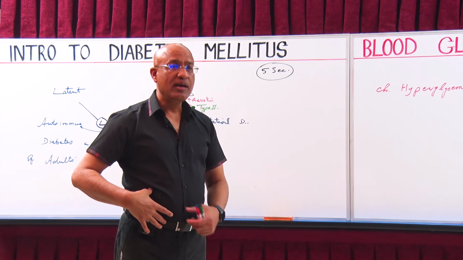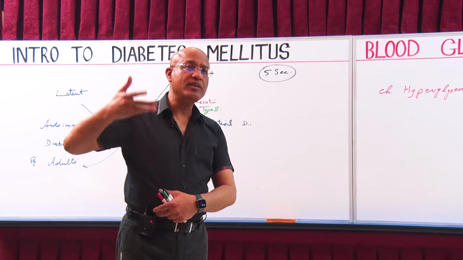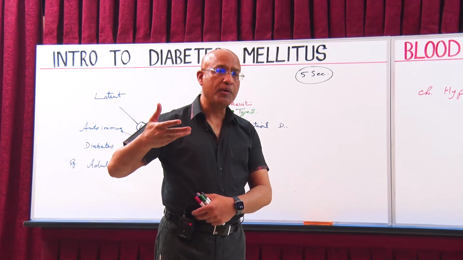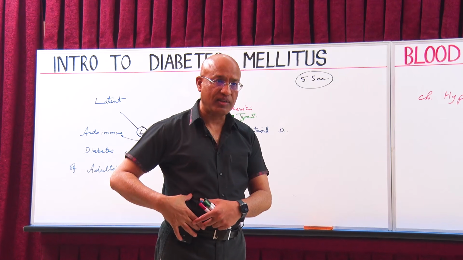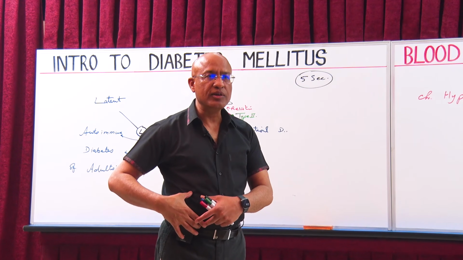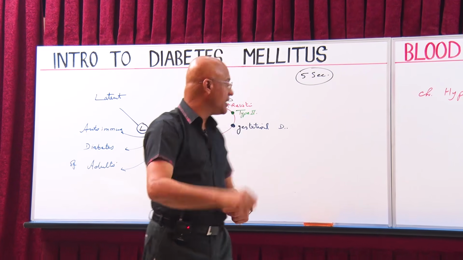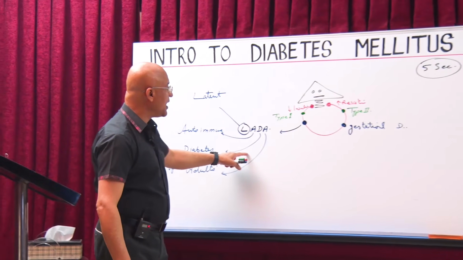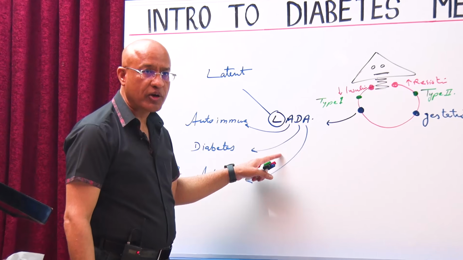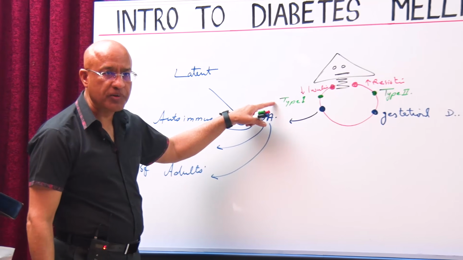So at a very late age he has developed autoimmune destruction of beta cells, so his condition will be somewhat similar to type 1 diabetes. Such patients are not called type 1 diabetes, because usually this is seen in younger patients.